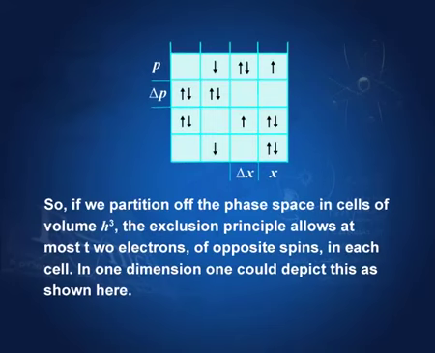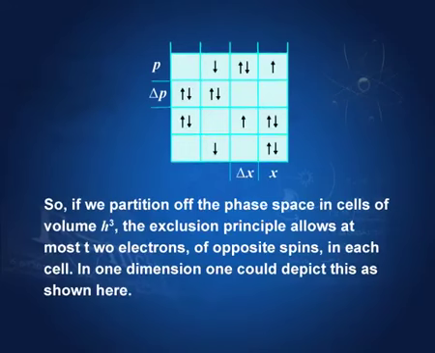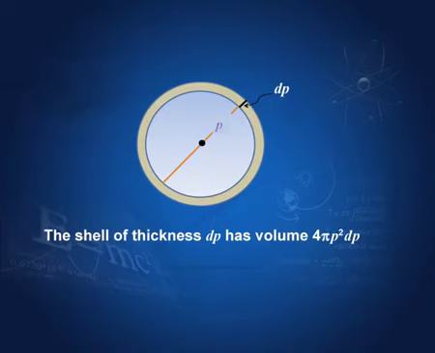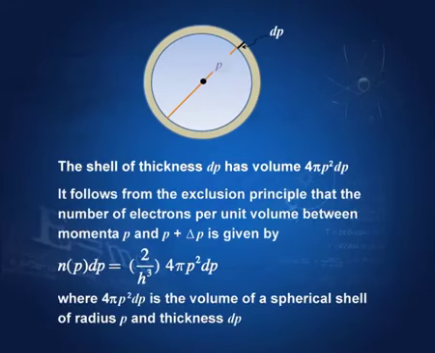How many electrons are there in this phase space? You see, we can find the volume of this between p and p plus dp and multiply that by 2, and of course divide by h cubed, the volume of each cell, and that gives us the number here. N(p)dp, the number density of particles between momentum p and p plus dp, is the volume between p and p plus dp, that is 4 pi p squared dp, divided by h cubed to find the number of cells, and each cell contains 2 electrons.